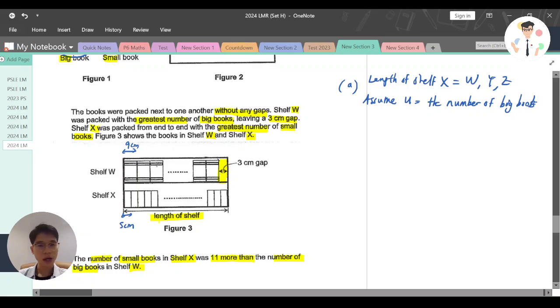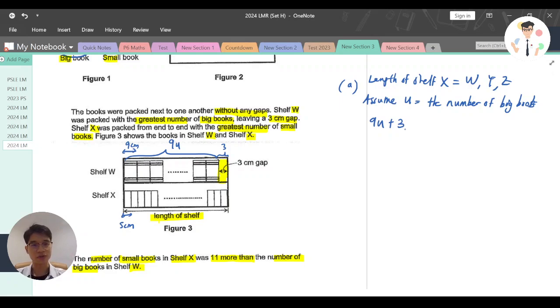I don't know how many books here, but I know each big book is 9 cm. So from here up to here is 9 unit. Does it make sense? 9 unit, right? But if I want to find the length of the shelf, I need to add another 3 cm gap because here's 3 cm. So the length of the shelf is 9 unit plus 3. Make sense? That would be the length of shelf W.